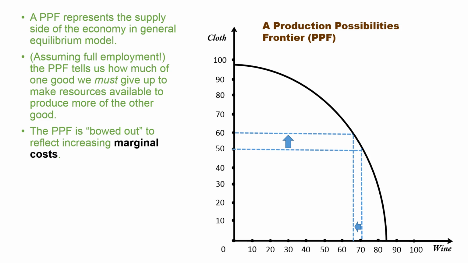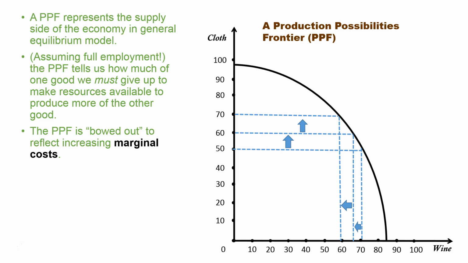Well, suppose we repeat that thought experiment, and suppose we increase cloth production by another 10 units, taking it from 60 to 70. How much wine do we have to give up in that case? Well, looks like more. Let's say 6 units.